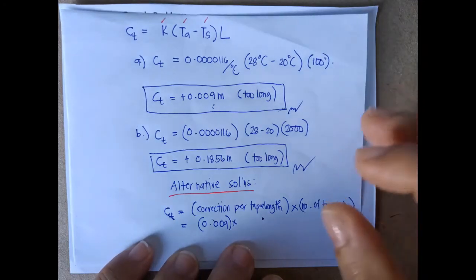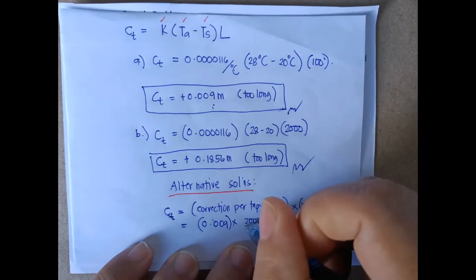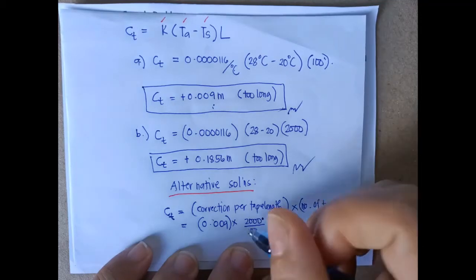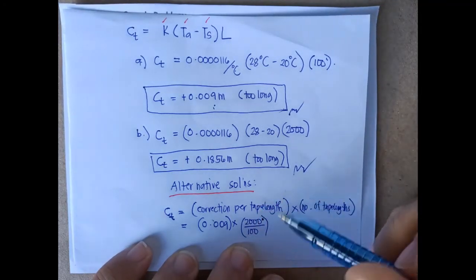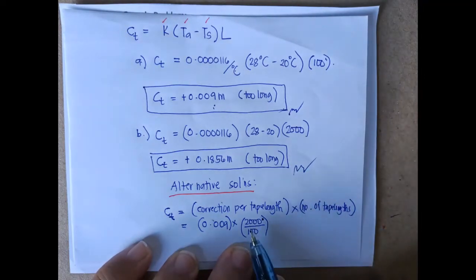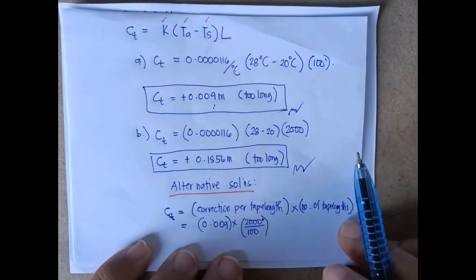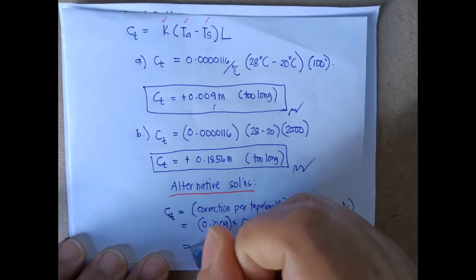Of course, it would be 2,000 divided by the length of the tape, 100. Why? Because if you measure a 2,000 distance, you will use the tape 2,000 per 100 times, so you have to divide by the length of the tape.